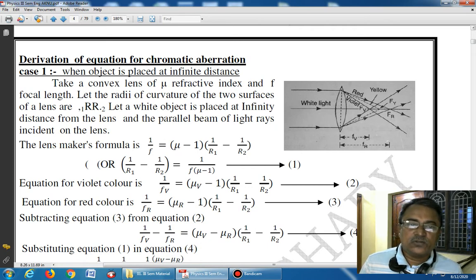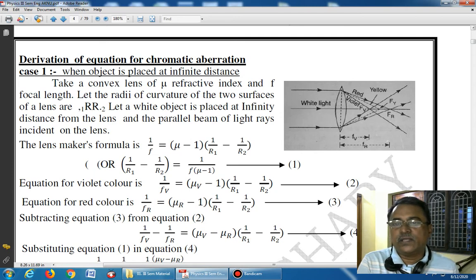The first case is the derivation of chromatic aberration when the object is placed at infinite distance from the lens, and case 2 is when the object is placed at finite distance from the lens. So, coming to case 1, that is when the object is placed at infinite distance.